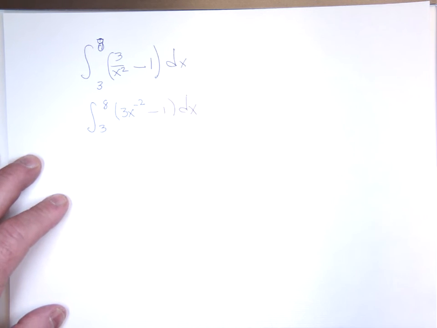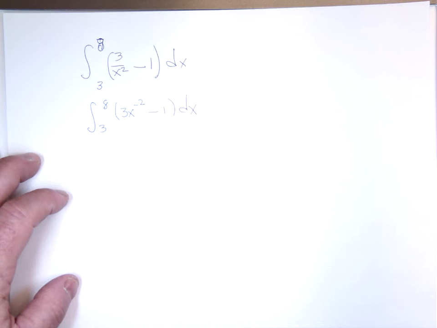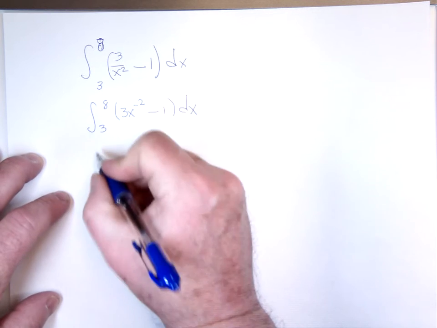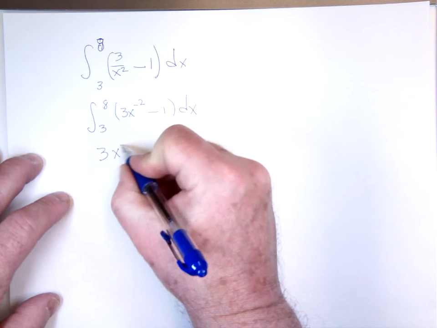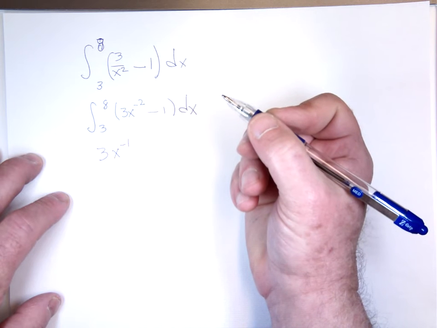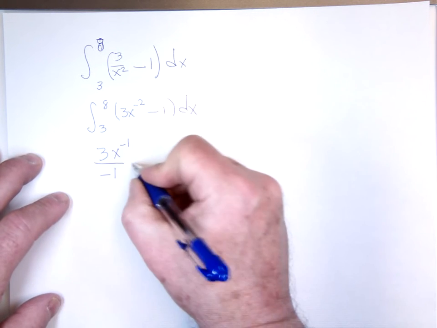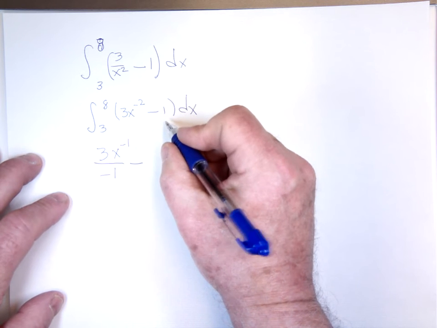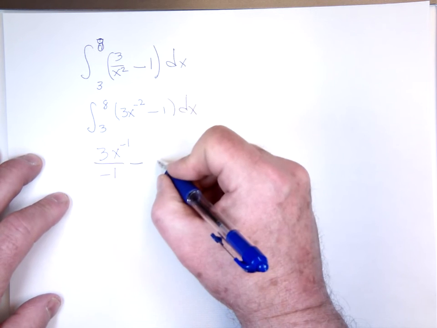Now, what do we have? 3, then add 1 to the exponent and divide by the new exponent. Minus, what's the integral of 1 dx? x. Very nice, thank you. From 3 to 8.